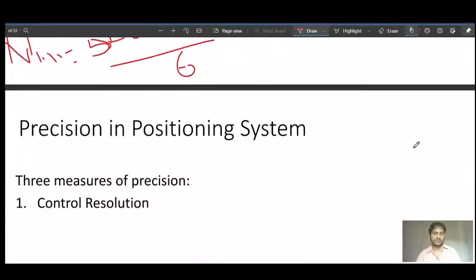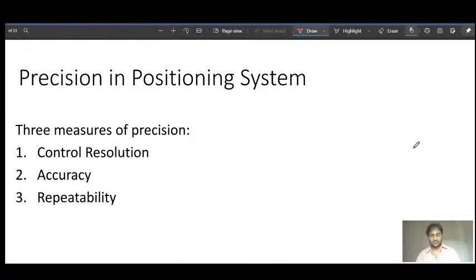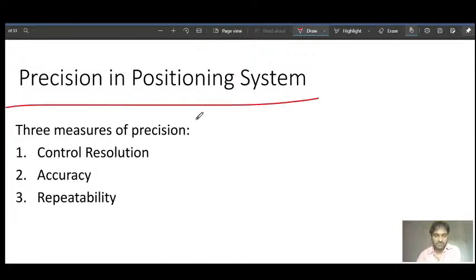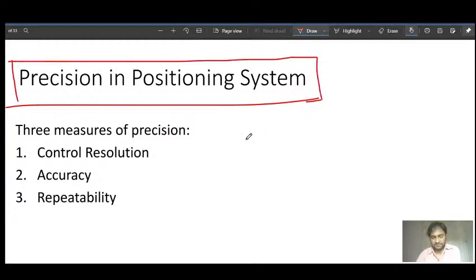Okay, let's move to the next topic, that is precision in position system. As you know, we are dealing with the motor shaft, and then gear ratio, and then we have lead screw.